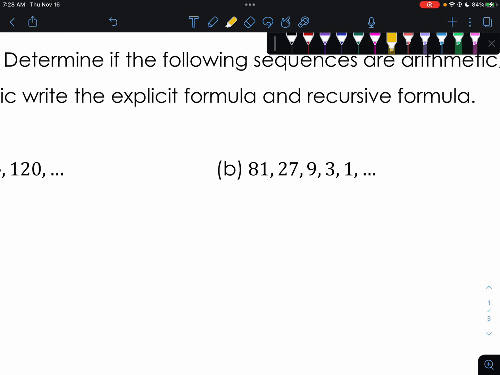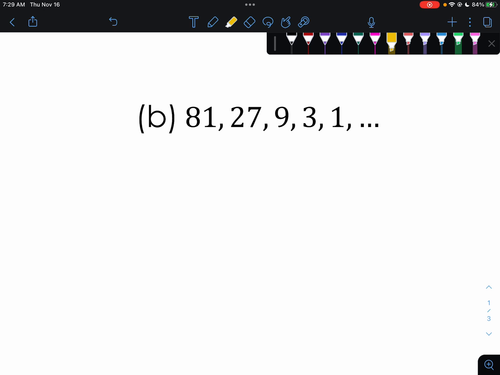Looking at the next one, I see that it goes from 81 to 27. We could check for geometric first. To find the common ratio, we take the second term divided by the first term, and we get 1/3.